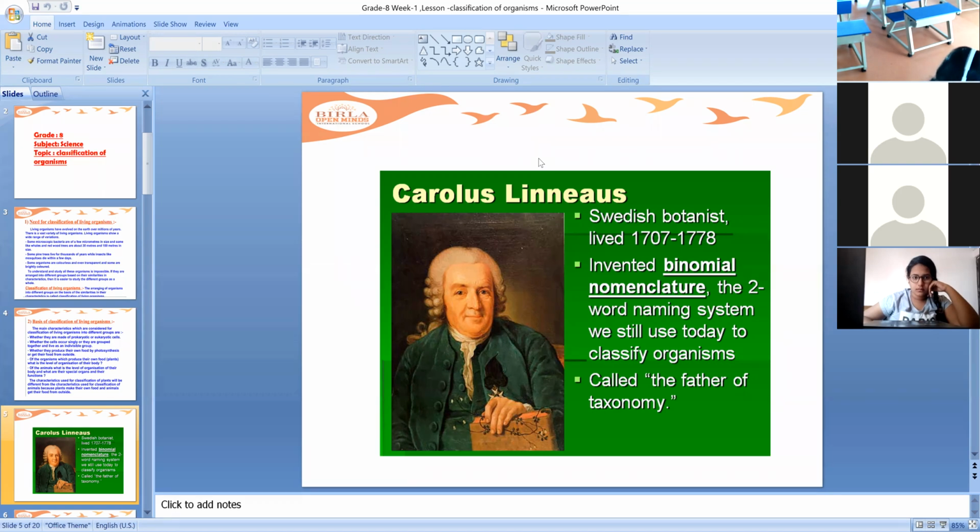Each animal and plant described has a specific name, and this name will not be shared with any other organism. He devised a method for organizing all these named organisms into a series of groups based on similarities and differences.